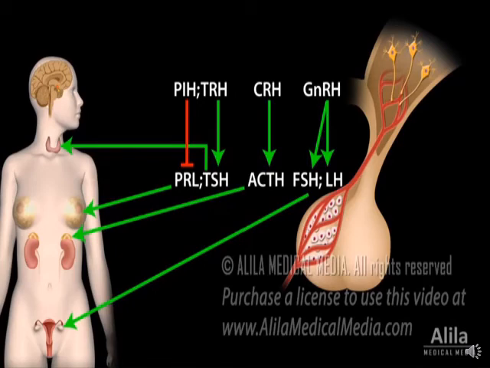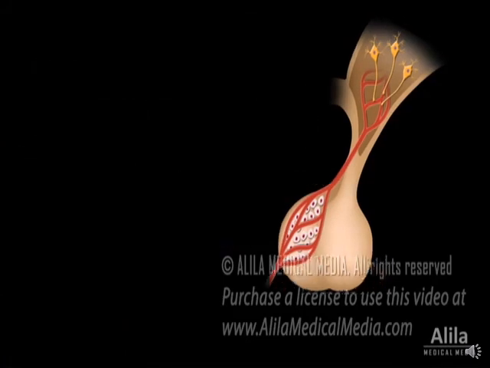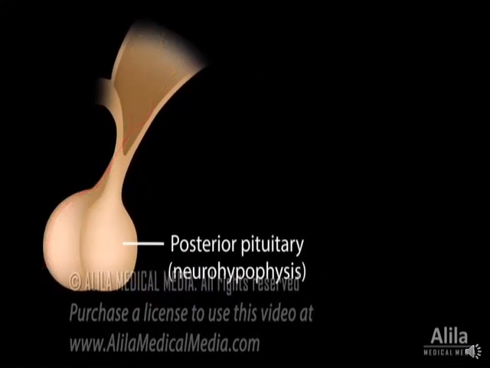Growth hormone-releasing hormone, GHRH, promotes production of growth hormone, or somatotropin, which has widespread effects on the growth of various tissues in the body. Growth hormone-inhibiting hormone, GHIH, or somatostatin, inhibits production of growth hormone. The posterior pituitary, also called neurohypophysis, communicates with the hypothalamus via a bundle of nerve fibers.